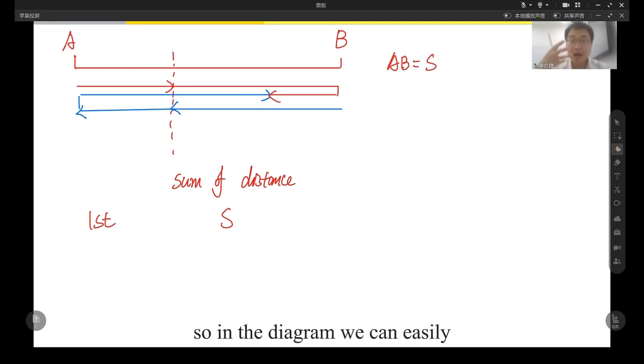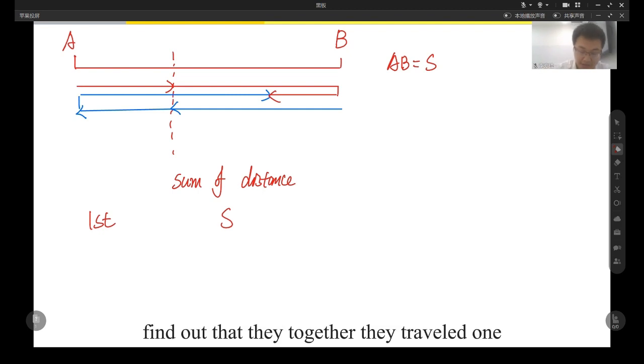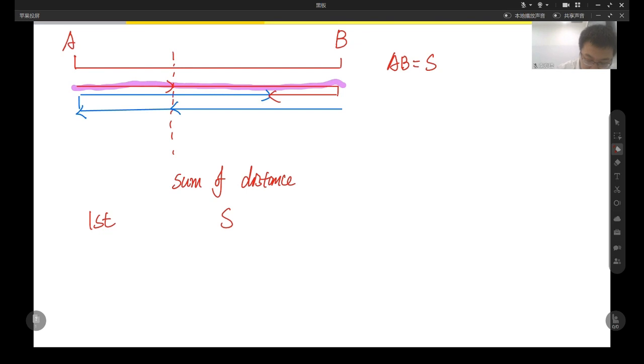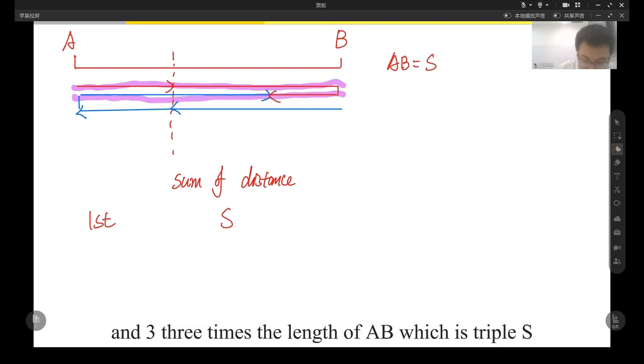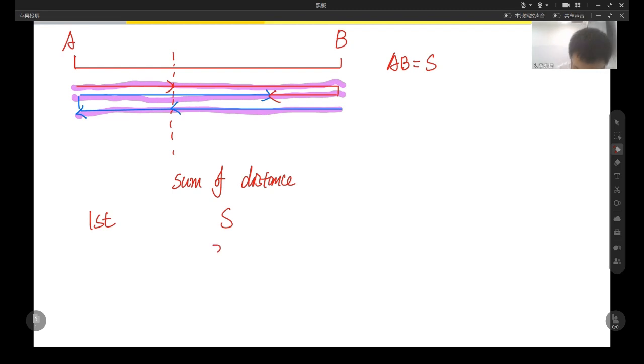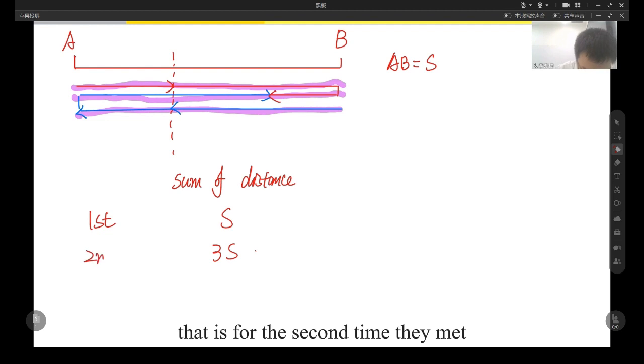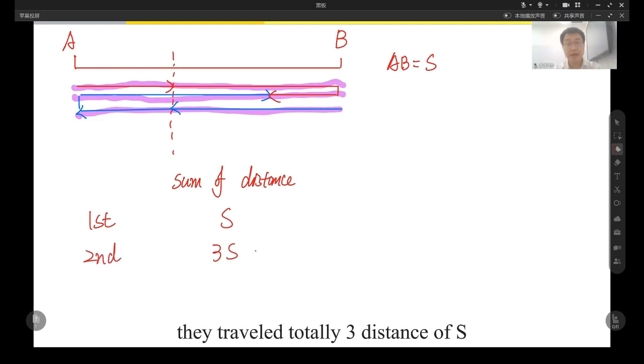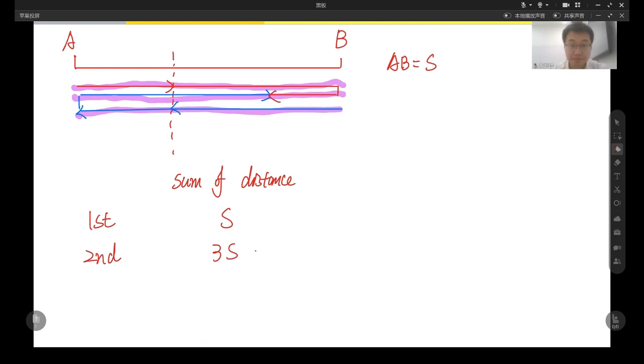In the diagram, we can easily find that together they traveled 1, 2, 3 times the length of AB, which is triple S. That is, for the second meeting they traveled 3S in total.